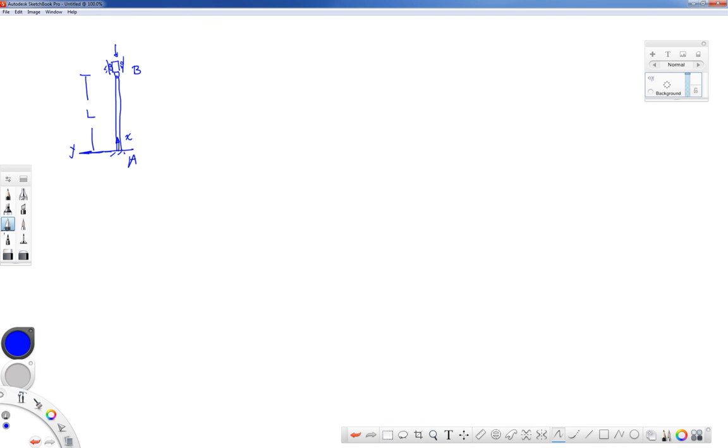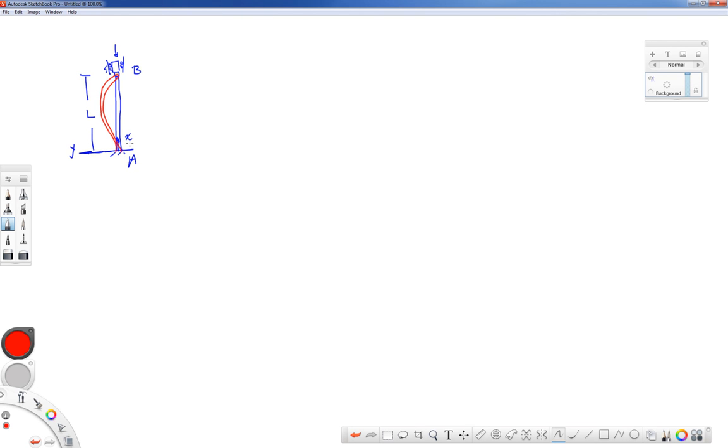Now, the way this thing is going to deform is a little different than what it did before. Since this is a fixed end, it's not going to move left to right, it's not going to rotate, so it's going to be kind of stiff down here. And the deflection, the deformation, is going to kind of be skewed towards the top end.